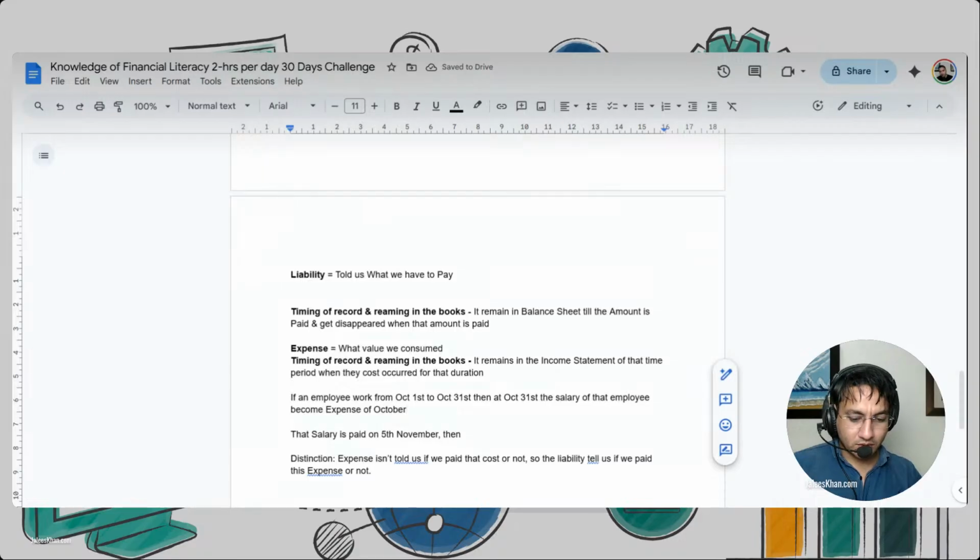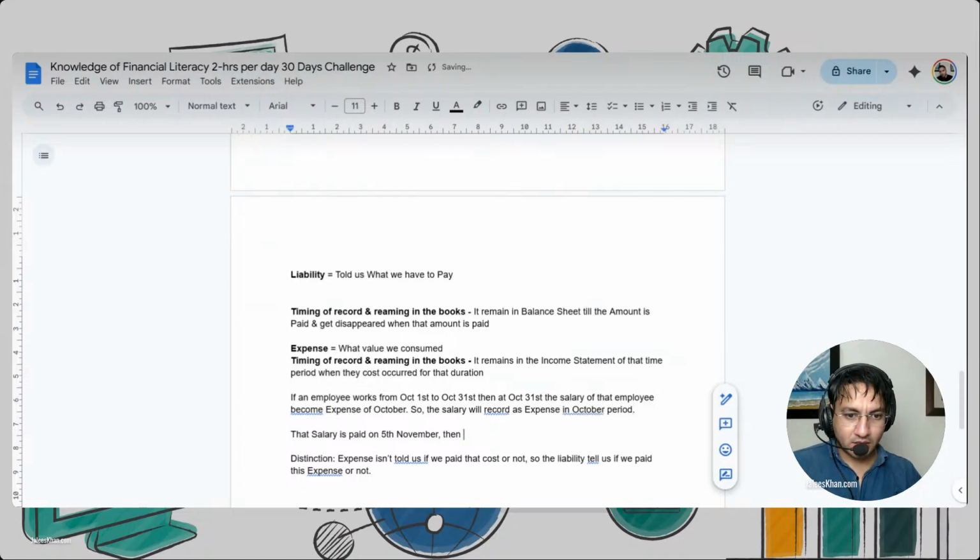So it will be recorded as expense. So the salary is an expense in the October period.